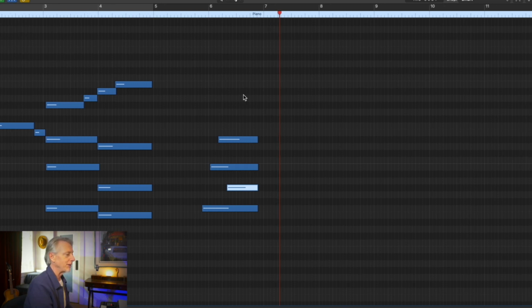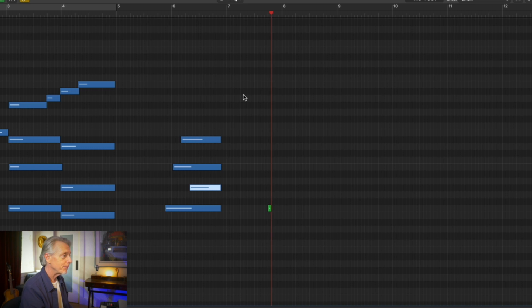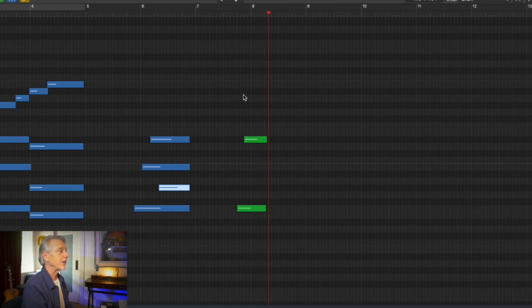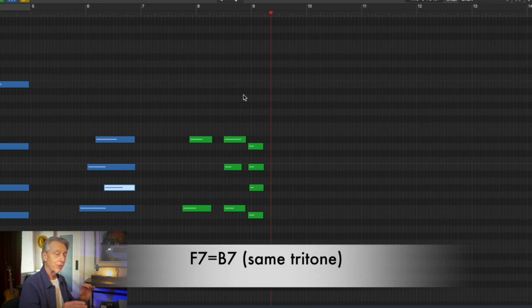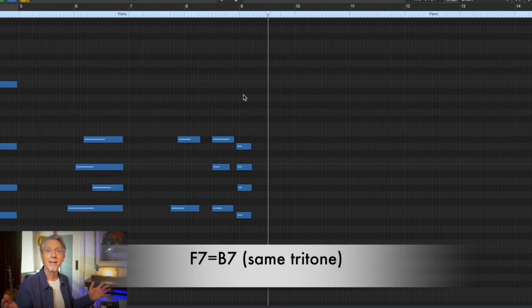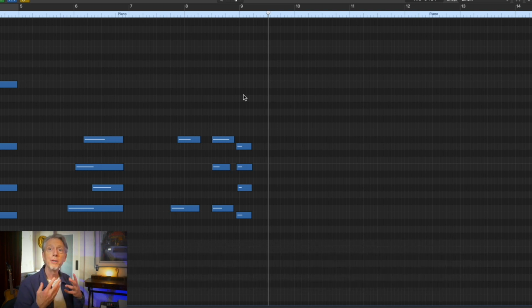What does the F7 suggest to you? Well, to me, it suggests a tritone substitution. It's really the way I think most contemporary musicians would imagine this. F7 is a tritone substitution. Let's play it.